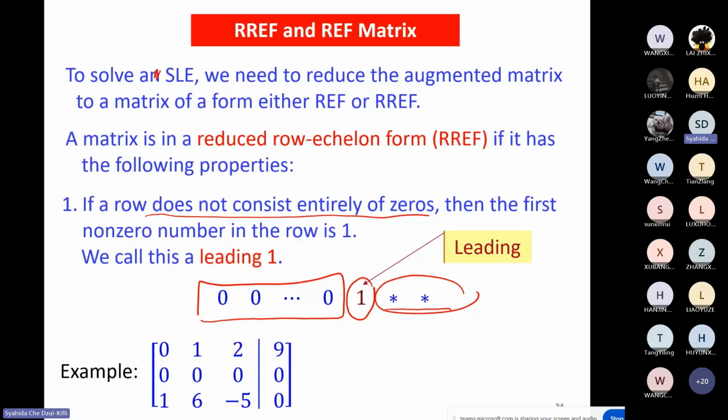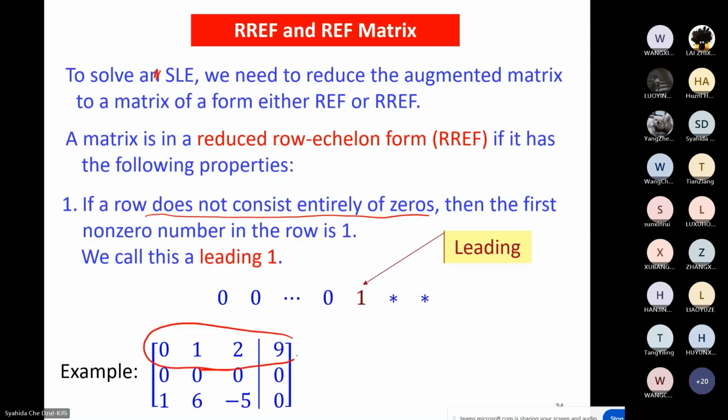This is an example. Look at the first row. The first row is not entirely zeros, right? And the first non-zero number is 1, so it satisfies property 1 for row 1.